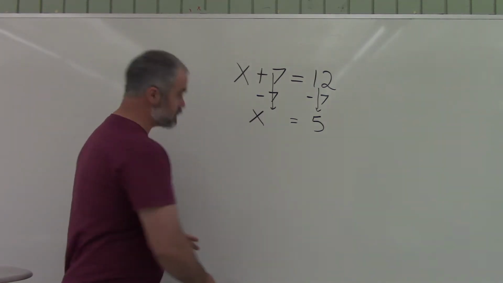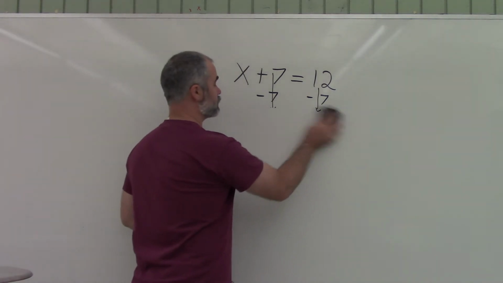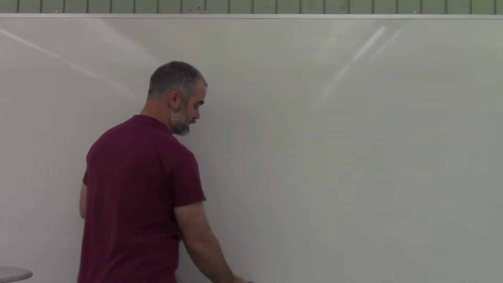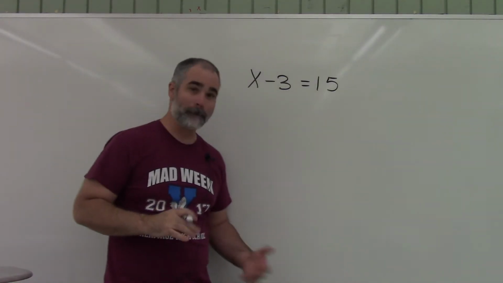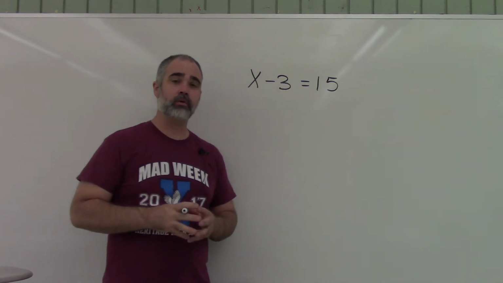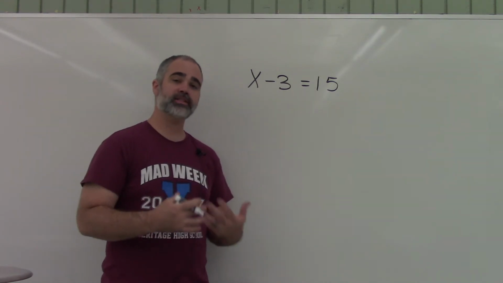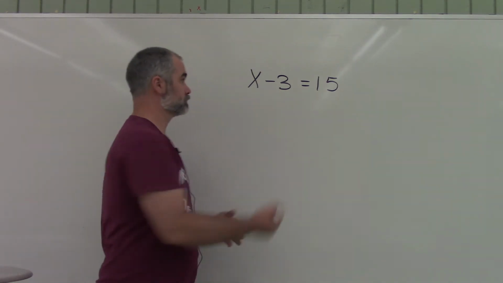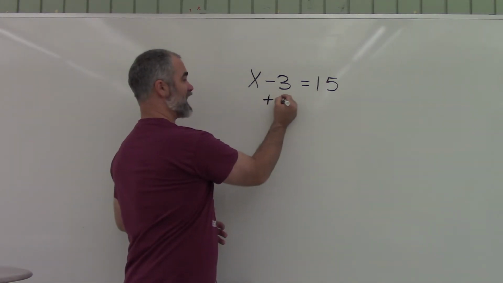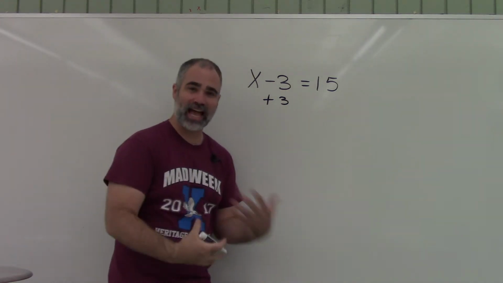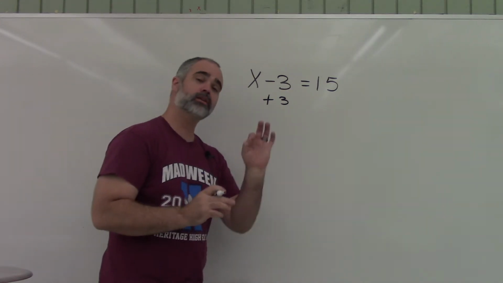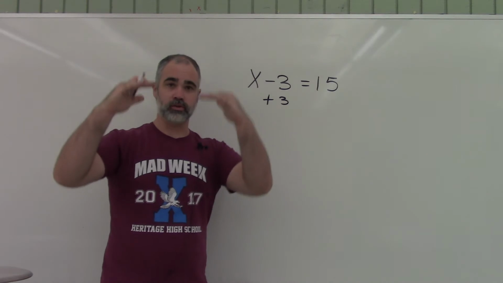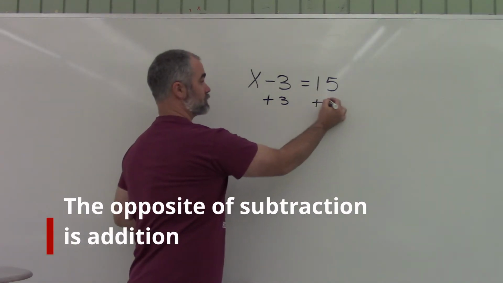All right, let's look at another case and see if we can use this same idea. We have x minus 3 equals 15. We're going to ask ourselves, what's the opposite of subtracting 3? It's adding 3. And remember, we have to do the exact same thing to both sides so that we don't lose our balance on our balance beam.